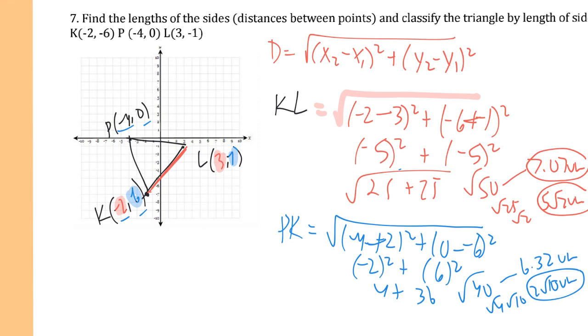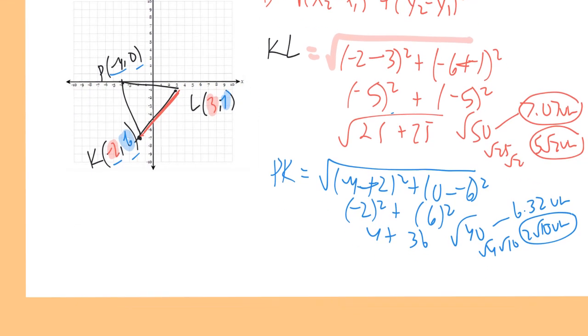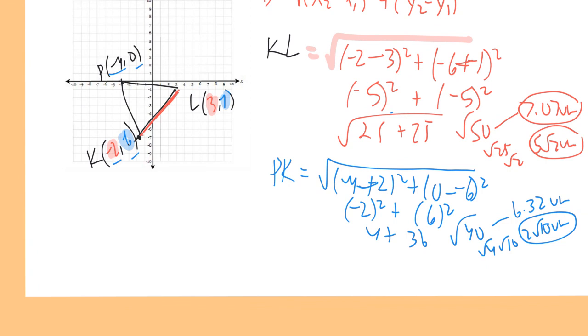And so what we want to do then is find the last distance, which would be from P to L. So to go from P to L, you're going to subtract the 2 x's, which are 3 and -4. So -4 minus 3, squared. Subtract the 2 y's, which are 0 minus -1, and then square it.